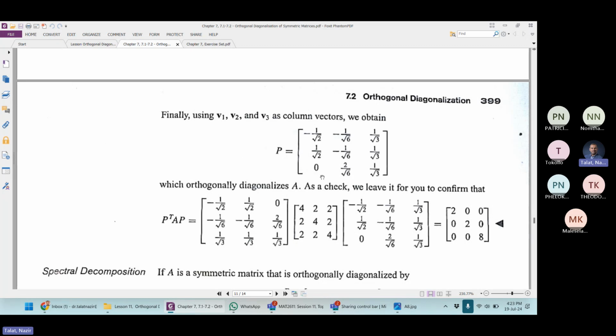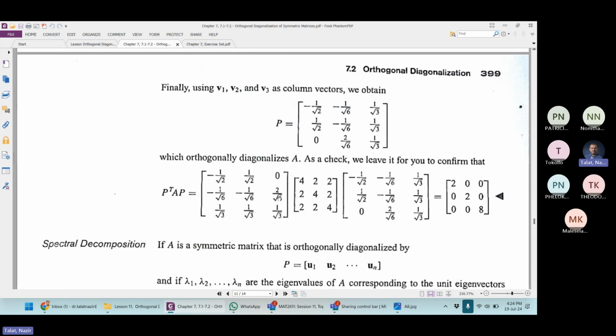The norm of the first column is equal to 1, the norm of the second column is also 1, and the norm of the third column is as well 1. If you multiply the first column with the second, the answer is 0. It's a vector product, which is called the inner product. The product of the second column with the third is also 0. One can check it. And this is called the orthogonal diagonalization of a given matrix A.